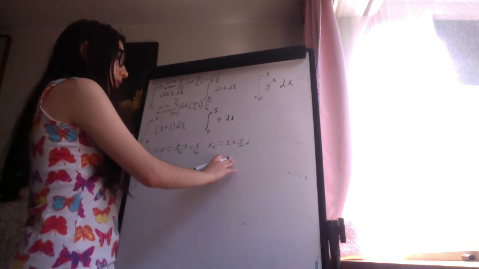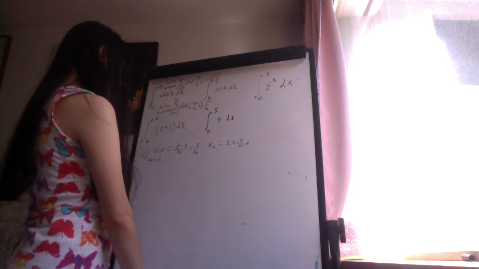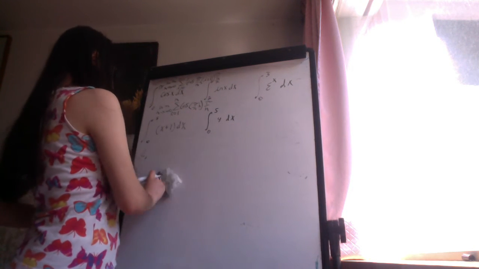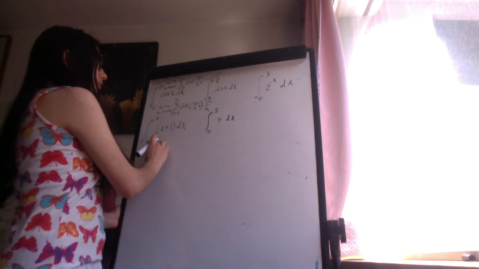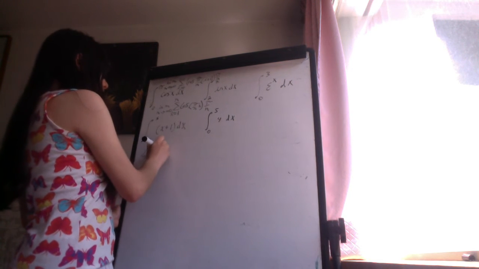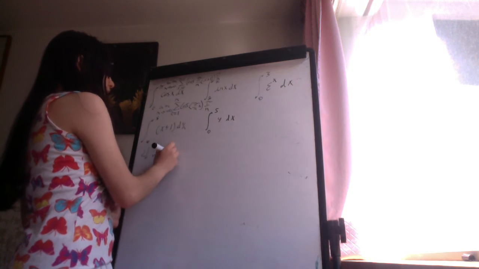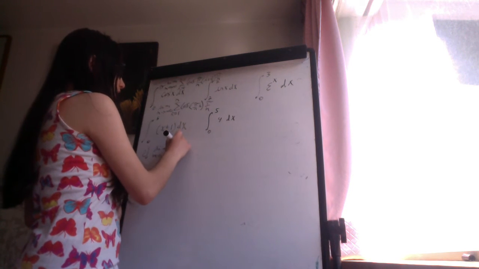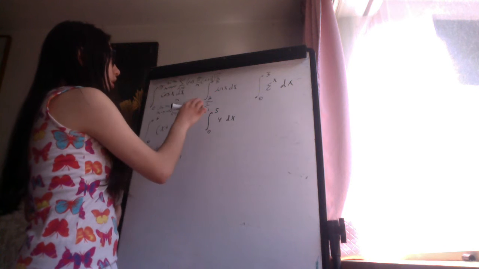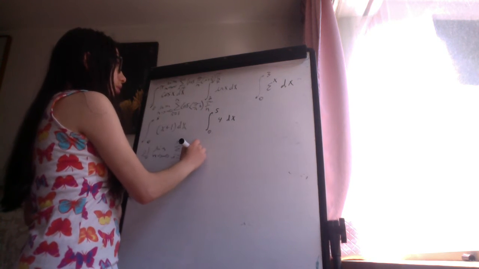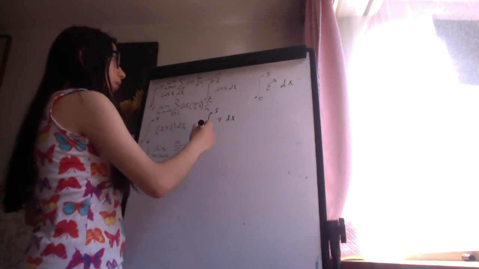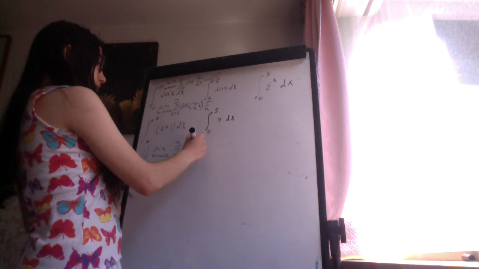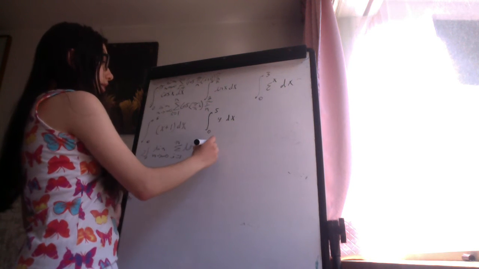So we have the limit as n approaches infinity of the summation from i equals 1 to n of our function, natural log of x sub i, which was a, that is 2, plus delta x times i.